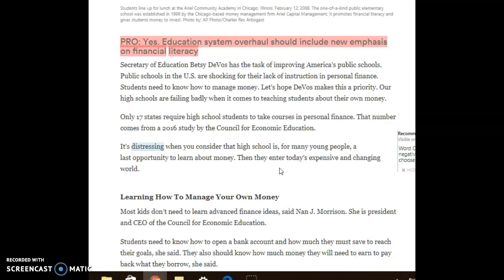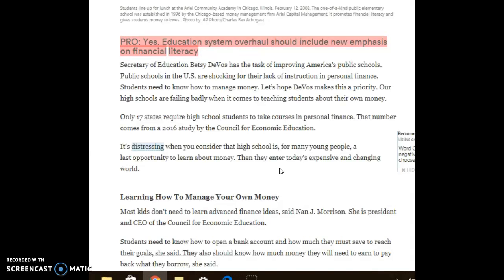Only 17 states require high school students to take courses in personal finance. That number comes from a 2016 study by the Council for Economic Education. It's distressing when you consider that high school is, for many young people, a last opportunity to learn about money. Then they enter today's expensive and changing world.